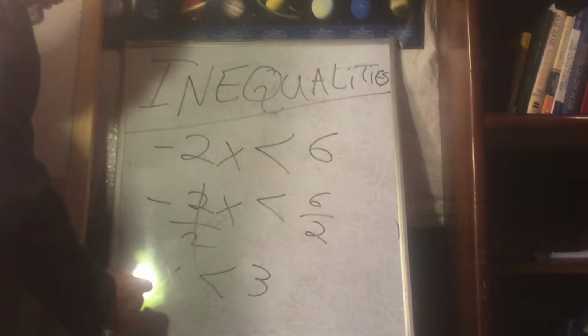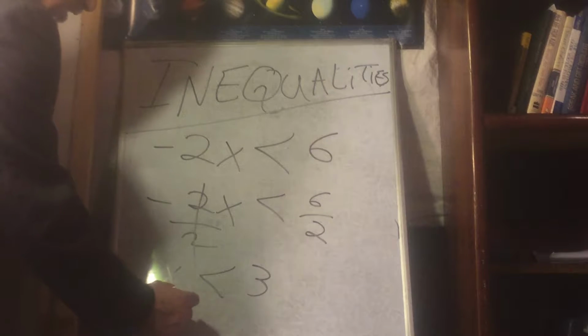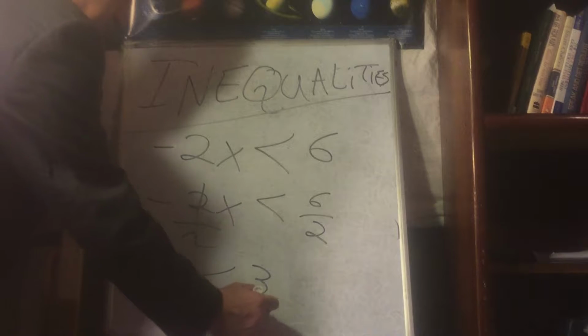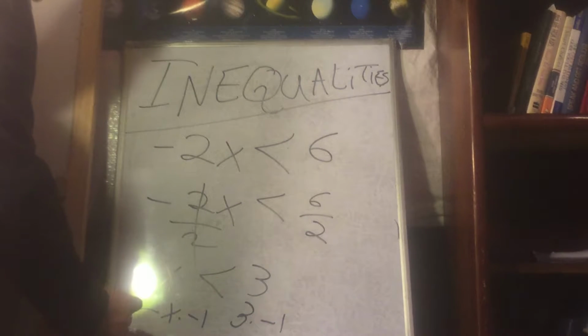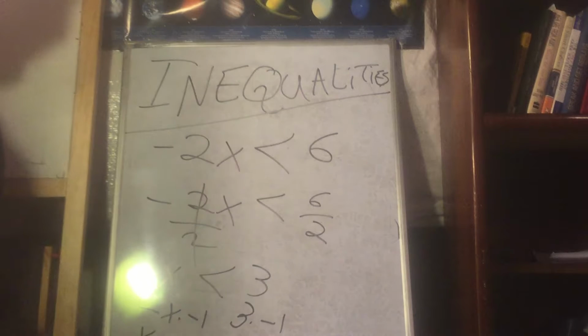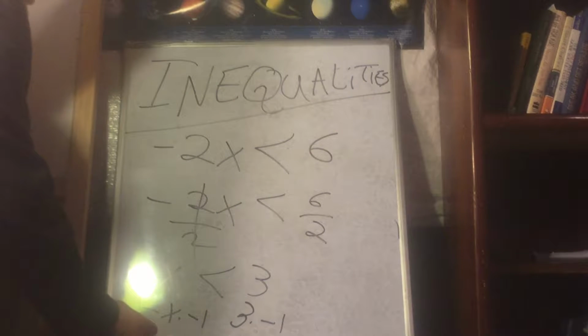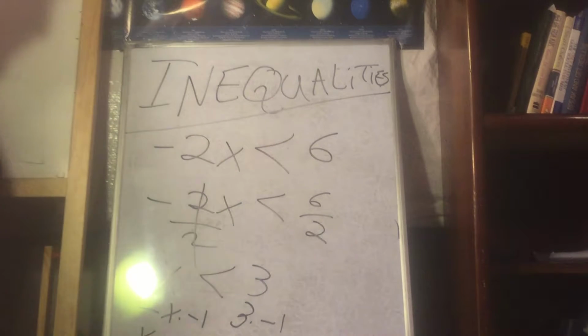You multiply negative x times negative 1, and then 3 times negative 1. Negative x times negative 1 is x. That's why we multiply it by negative 1. X, and 3 times negative 1 is negative 3.